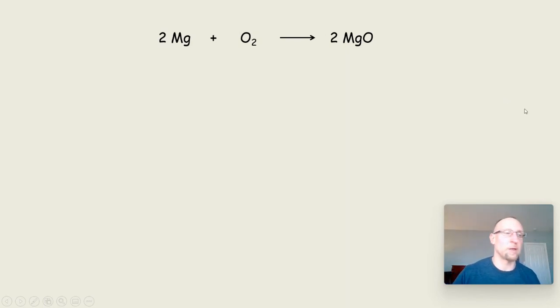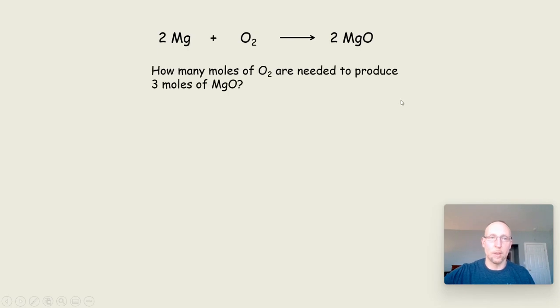2 Mg plus oxygen makes 2 MgO, all right? So we've got 2 Mg plus O2 makes 2 MgO. So how many moles of oxygen are needed to produce 3 moles of MgO, magnesium oxide, right? So how many moles of oxygen are needed to make 3 moles of MgO?